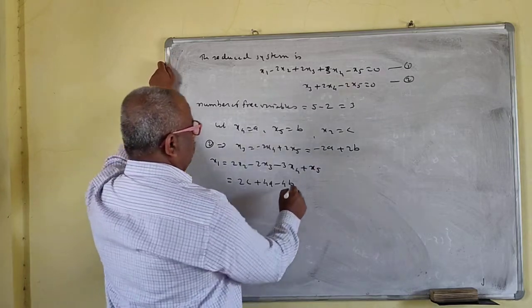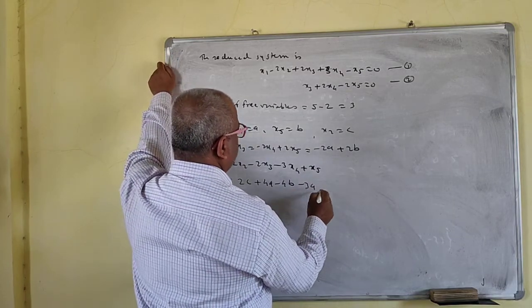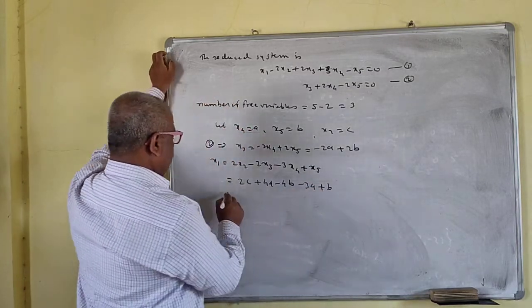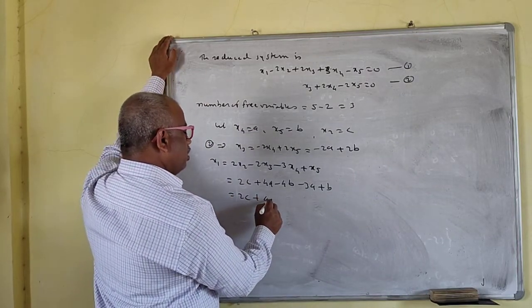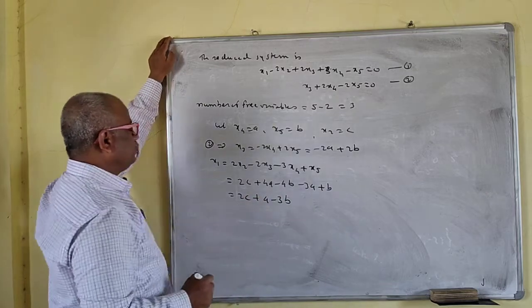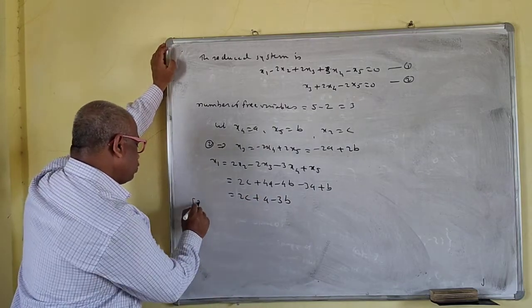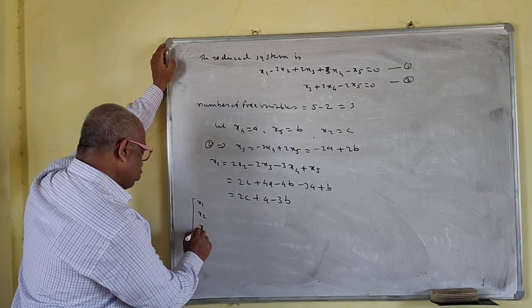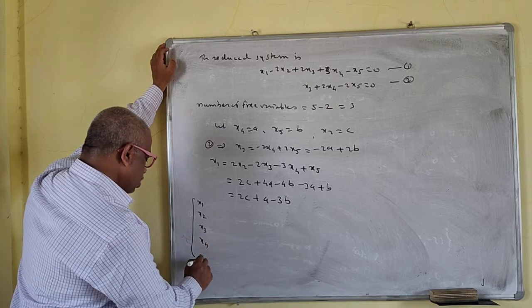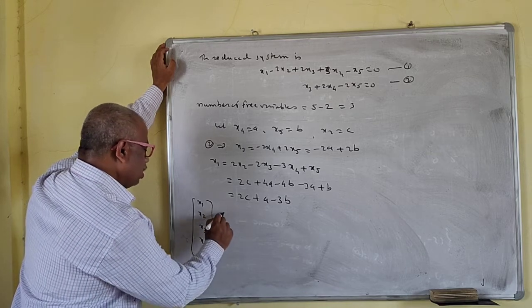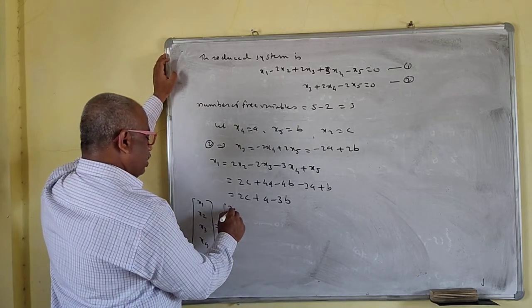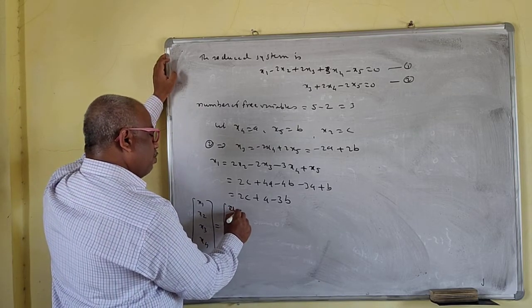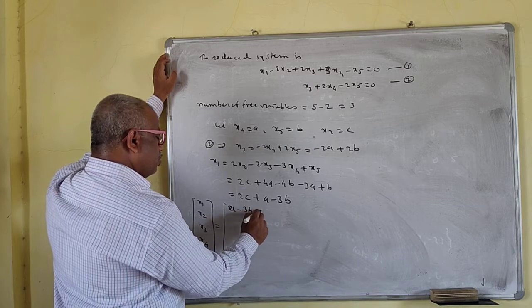Your x4 is minus 3A, your x5 is B, so plus B. Twice C is a single term, so plus A minus 3B. Now x1, x2, x3, x4, x5 is equal to: x1 is A minus 3B plus twice C.